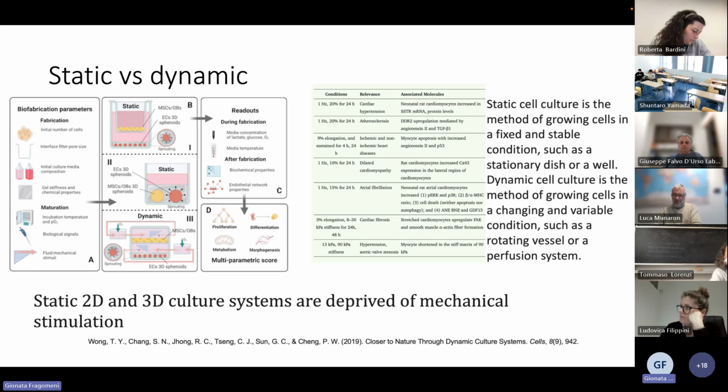Dynamic cell culture is the method of growing cells in a changing, variable condition, such as rotating vessels.